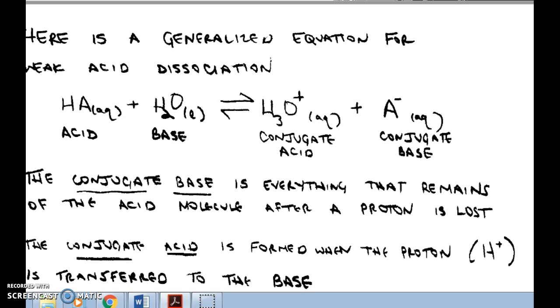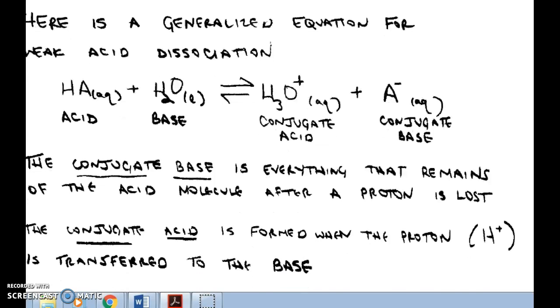So the conjugate base is everything that remains of the acid molecule after a proton is lost. So it's the anion. And the conjugate acid is formed when the proton is transferred to the base. So since in this dissociation water was acting as a base, the conjugate acid is the hydronium ion that is formed when that base accepts the proton.